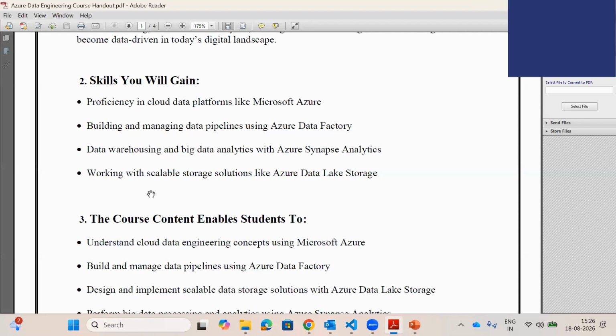Then we have working with scalable storage solutions like Azure Data Lake Storage. We are talking about a way to keep a huge volume of data. And when we are keeping the data, there should be a proper file format.